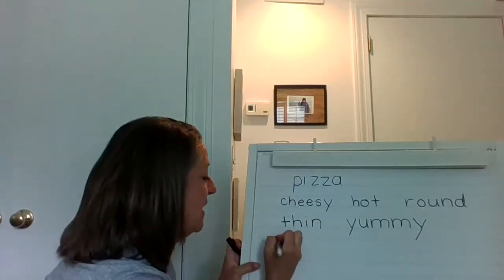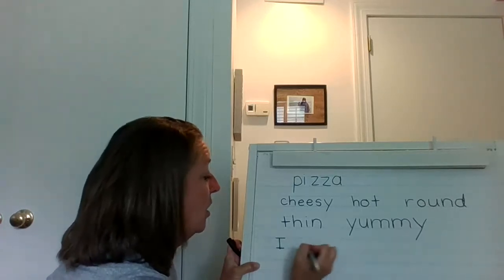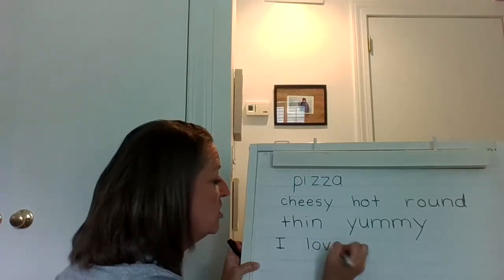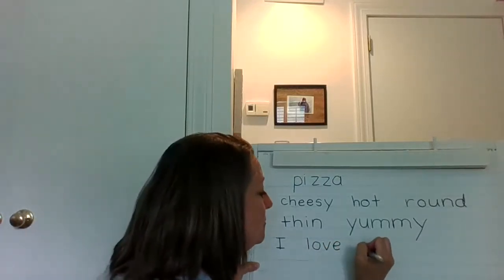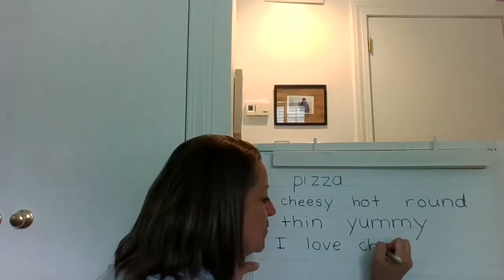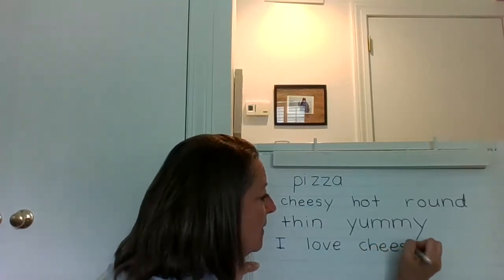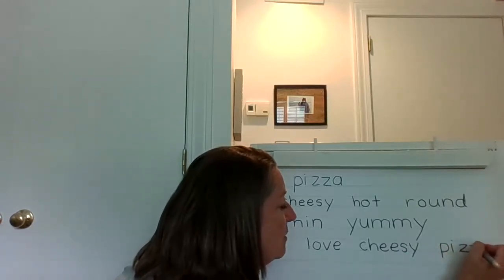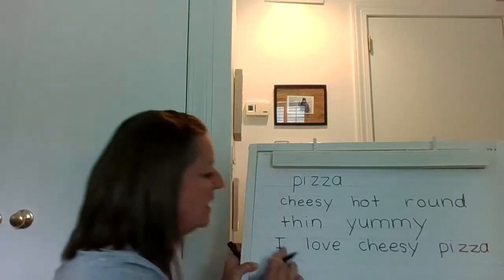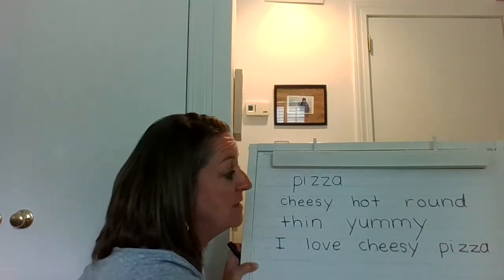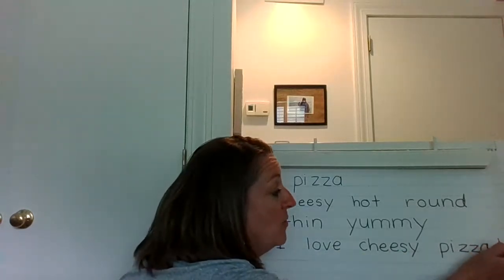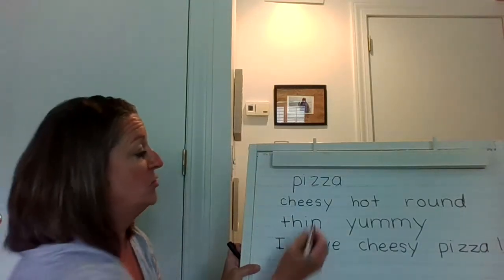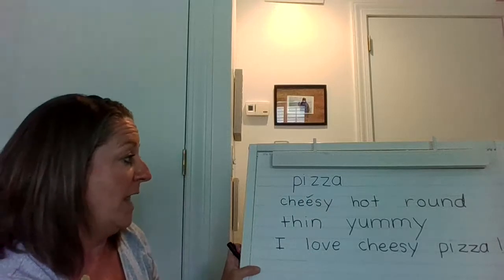So I'm going to say, I love cheesy pizza. Now that's got my reader interested. See how I used that white space? I showed myself the white space, and I'm going to use an exclamation mark as my ending mark because I want my readers to know I'm excited about it. So I've used cheesy.